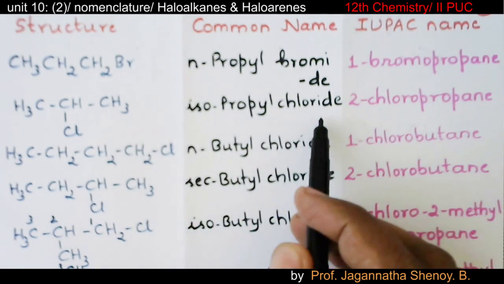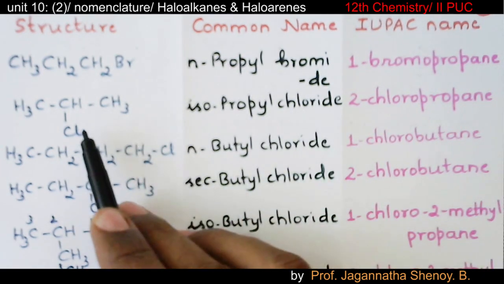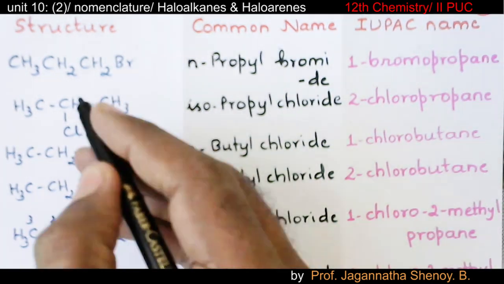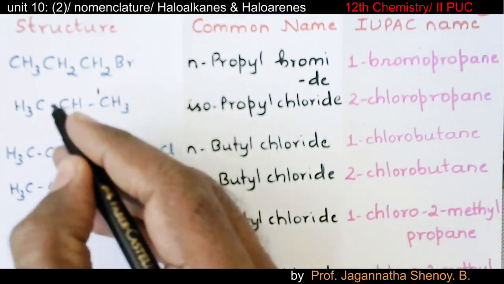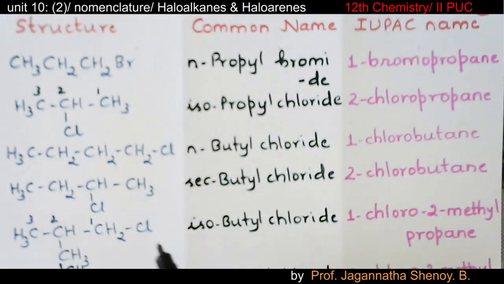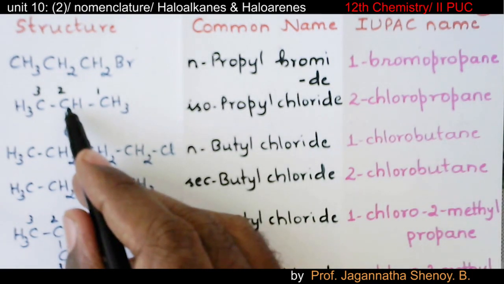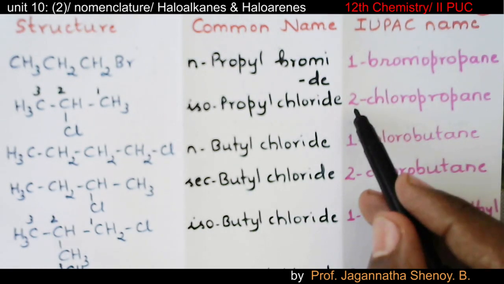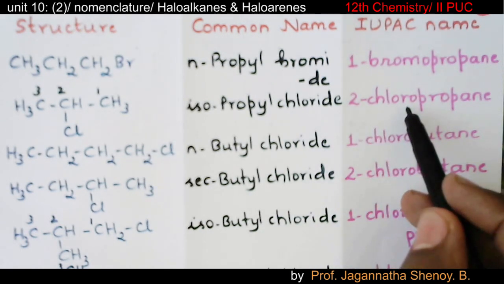Common name is isopropyl chloride. When I go for IUPAC name, there is not much ambiguity here. This is the first carbon atom, this is the second one, and the third carbon atom here. So on the second carbon atom, we have chloro group. That's why IUPAC name of this compound is 2-chloropropane.